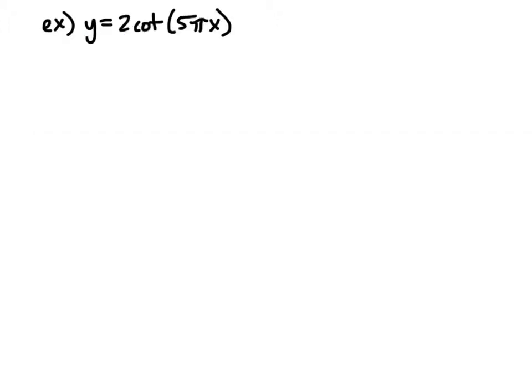Okay, in this first example we have y equals 2 cotangent 5 pi x. So a is equal to 2. We don't have to factor out the b because the 5 pi x is the only thing in the parentheses. So b is 5 pi. The period is found by doing pi over b, so pi over 5 pi is 1/5.